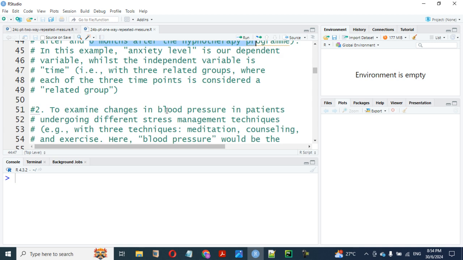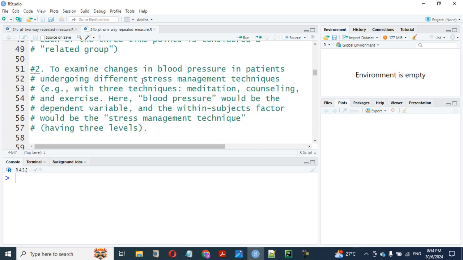Another example is to examine changes in blood pressure in patients undergoing different stress management techniques. For example, 3 techniques like meditation, counseling, and exercise. So we have 3 levels again here. Blood pressure, BP, will be the dependent variable, a numeric variable used for measurement.